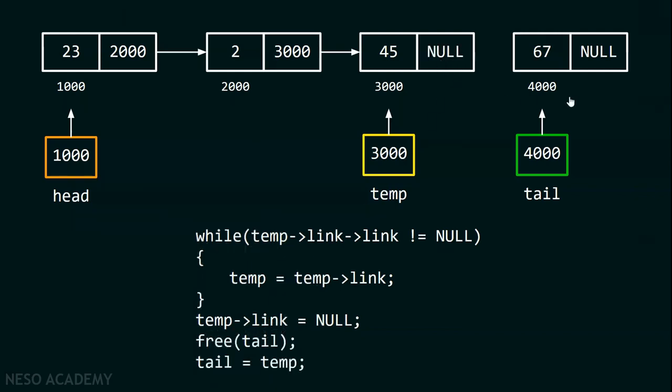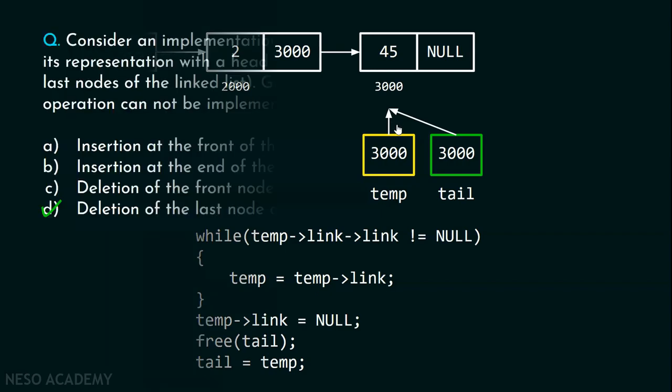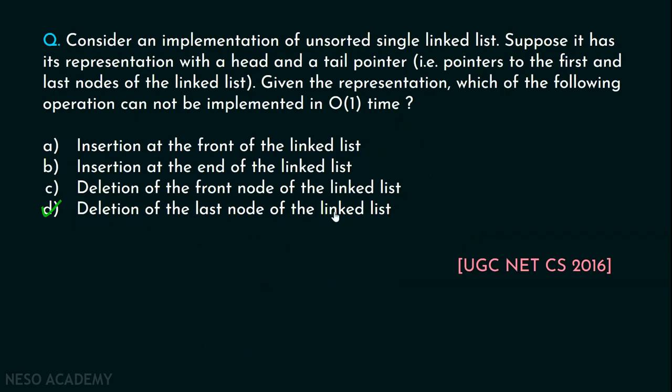After this, we will delete this node using the tail pointer, and then we will update our tail pointer by the address which is contained inside temp, that is 3000. Now in this case, you can see that the tail pointer is pointing to the second last node of this list. Definitely in this case, some pointer is required in order to reach the second last node of this list. Therefore, the operation, that is deletion of the last node of the linked list, takes order of n time. That is why option D is the correct option.